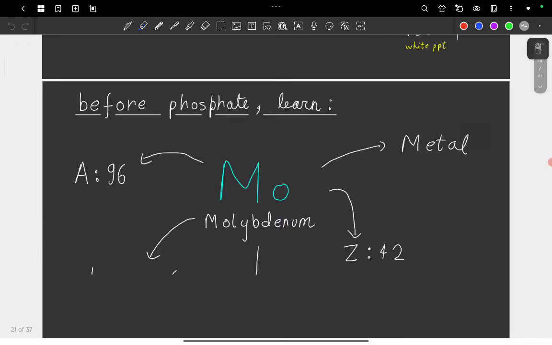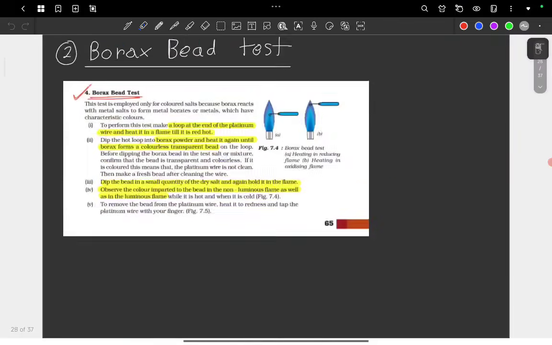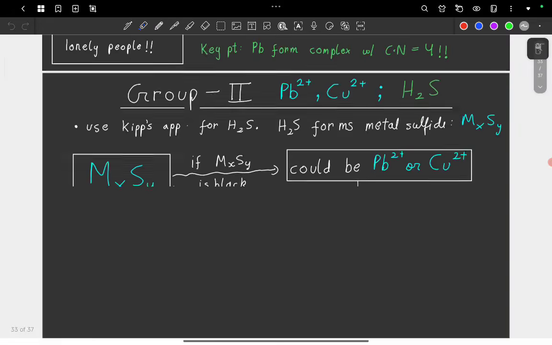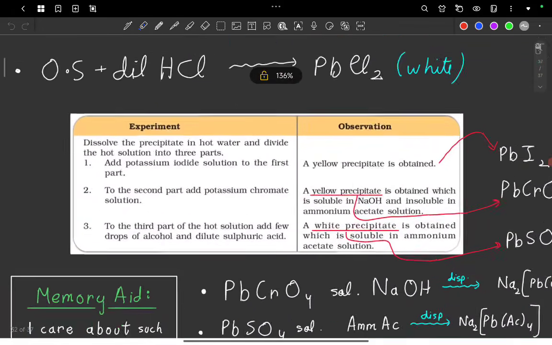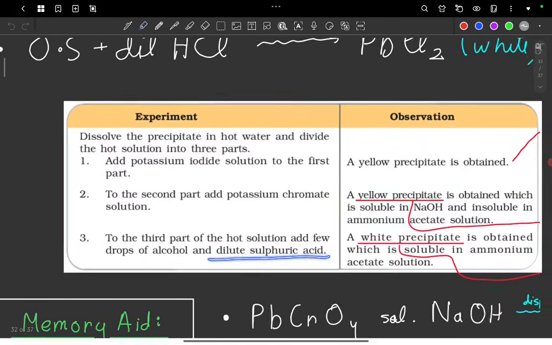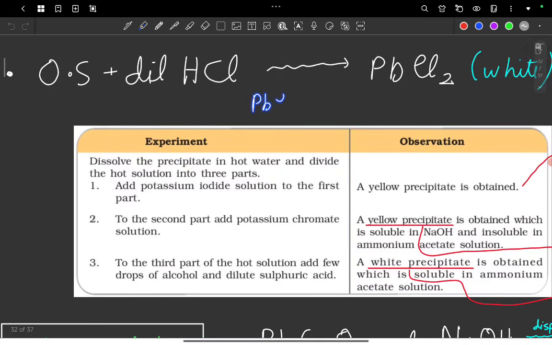And lastly, the third part of the precipitate, we are going to react with dilute sulfuric acid. Now if there is PbCl2 and we react it with H2SO4, a displacement reaction will take place and SO4 will come in place of the Cl2 and this will form lead sulfate.